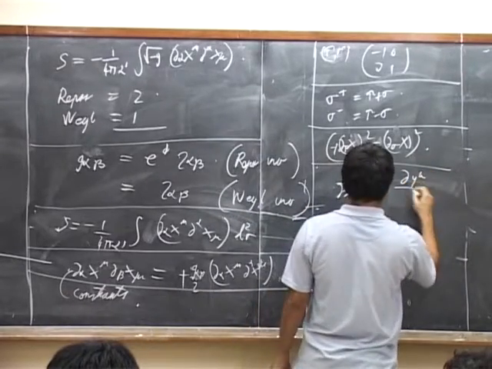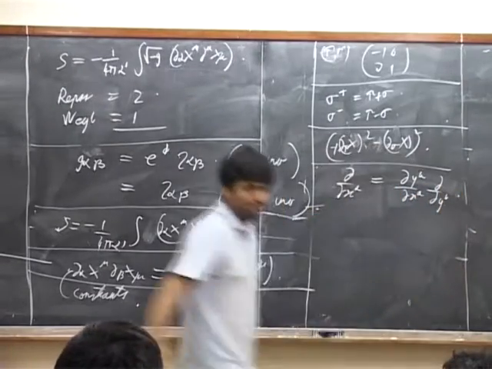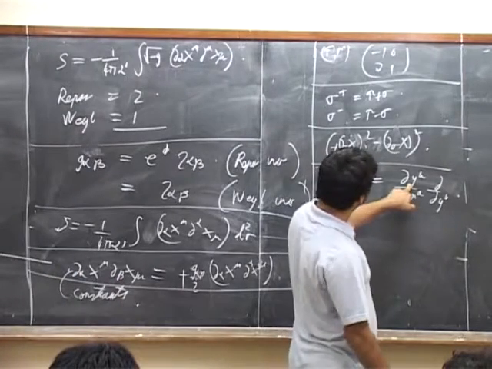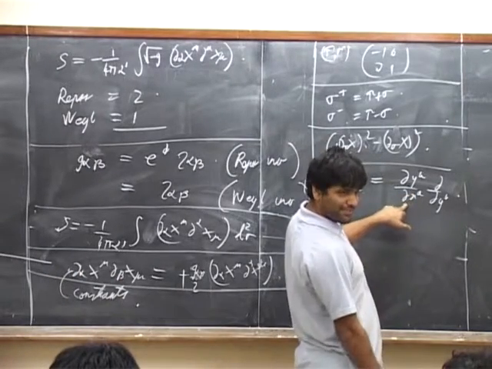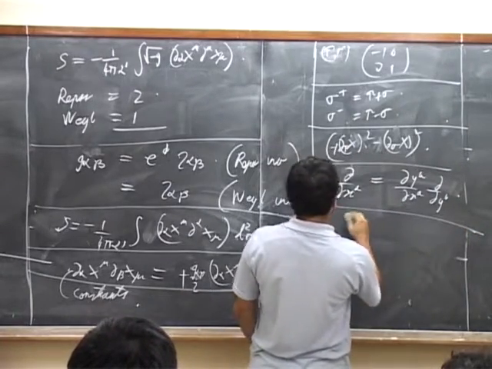So let's choose our y's to be sigma plus and sigma minus, and our x's to be the taus and sigmas.